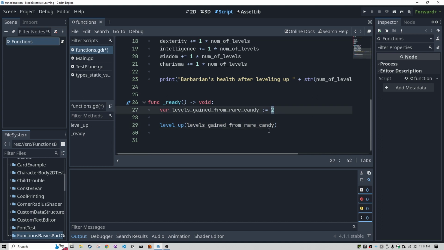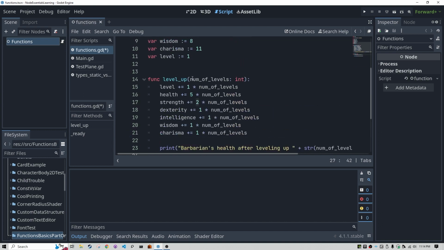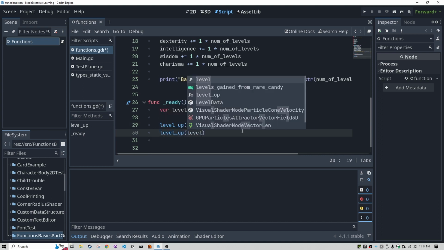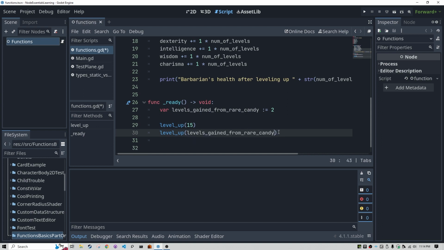It just knows that it's a 2, right? And because we said that this parameter is an integer, it basically doesn't really care about the name. It's just like, oh, you gave me a 2. Awesome. That's an integer. We can play ball, basically, right? That's what's going on. So I could pass it a number of levels explicitly like a number, or I could pass it any other value that is an integer, okay?